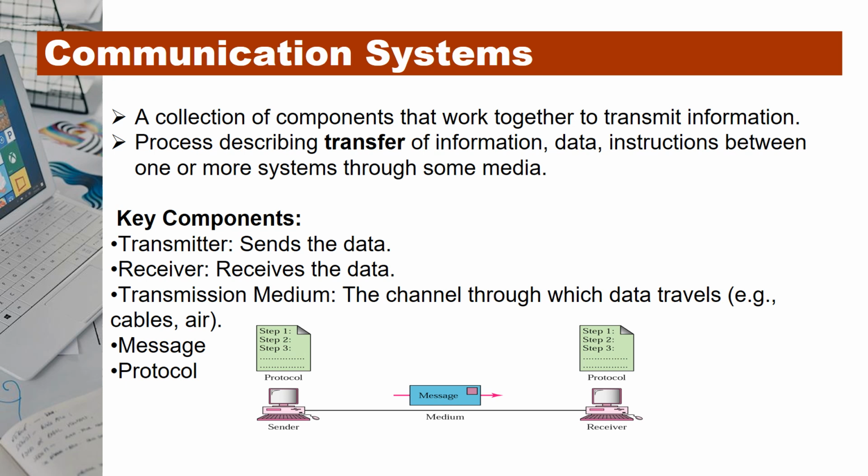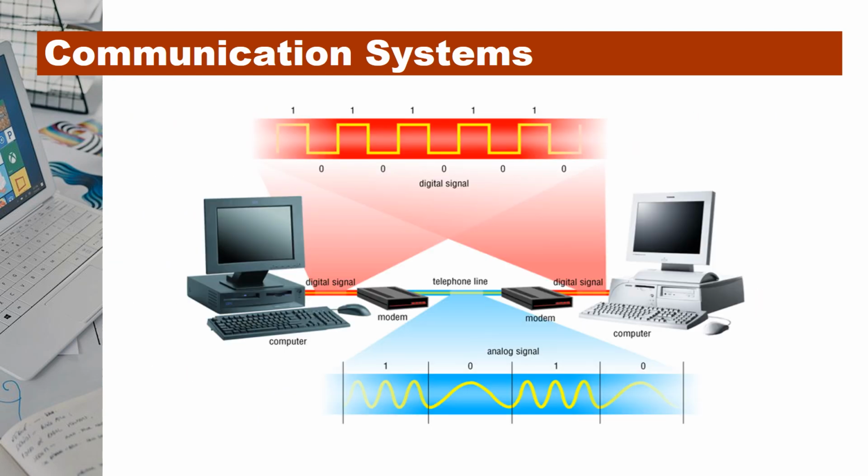When you're talking of a protocol, on our diagram above the receiver, we are talking of the set of rules governing the communication process. This is just an introduction, and we are going to unpack this in our next lecture. Then here we see a digital signal and an analog signal.